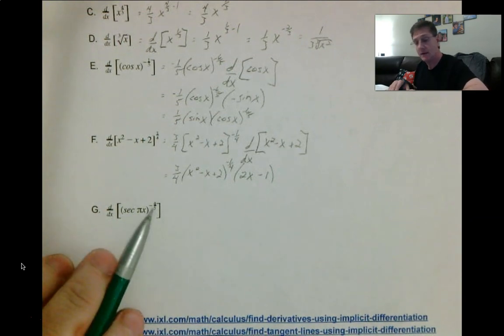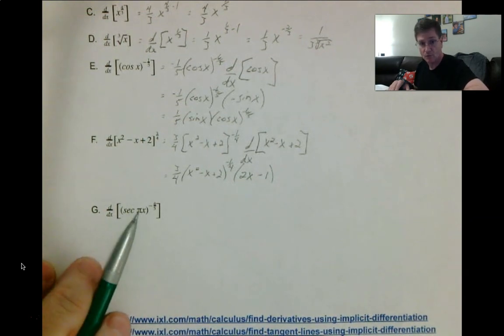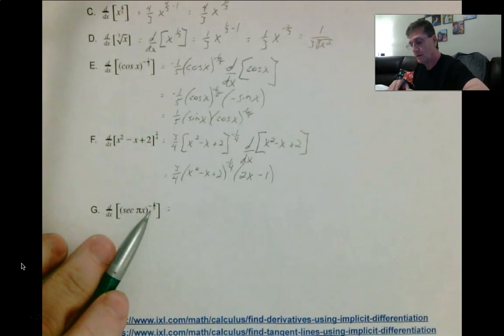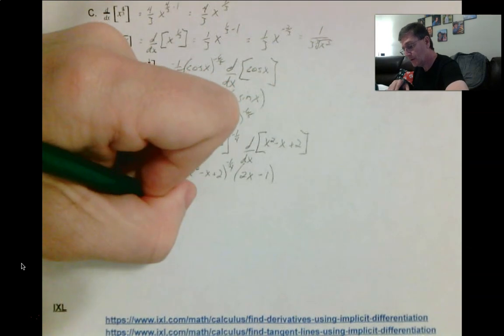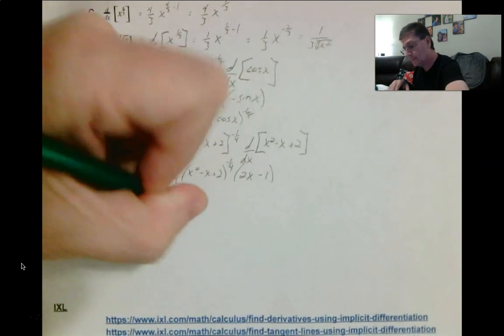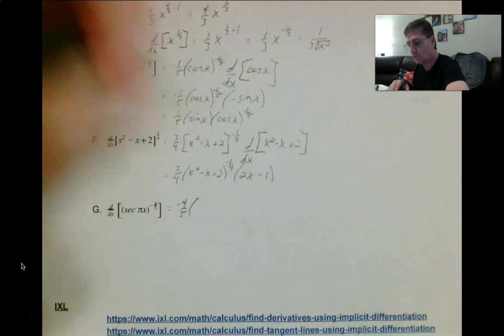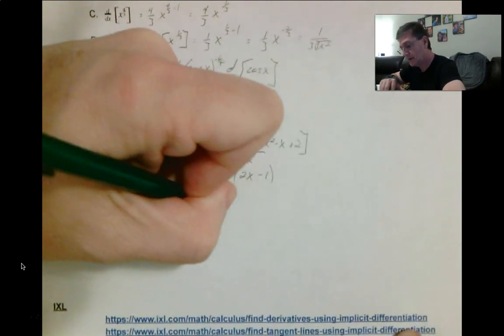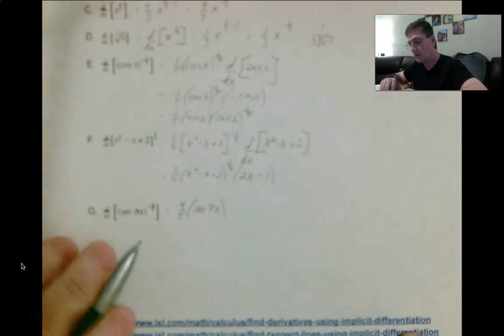Part G, again, power, chain rule again. Take the negative 4/5 exponent, put it out in front. Negative 4/5 secant pi x.